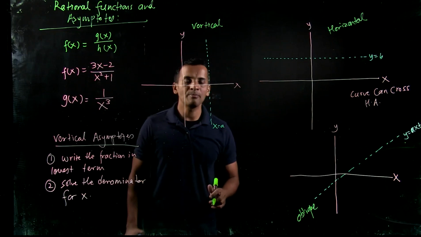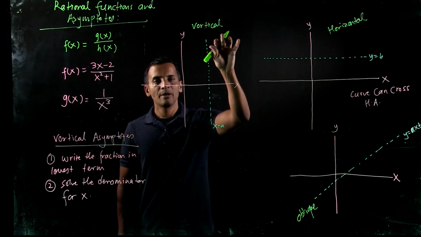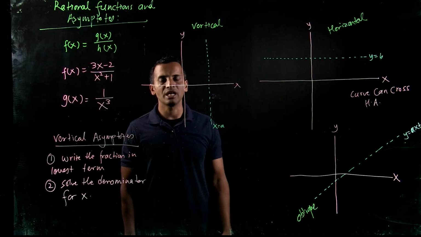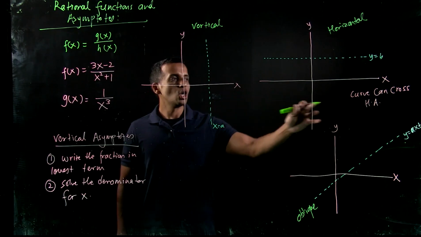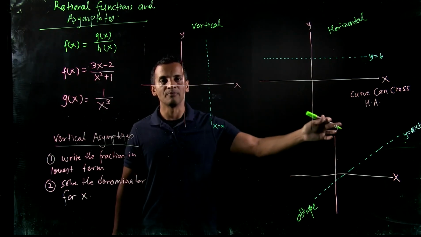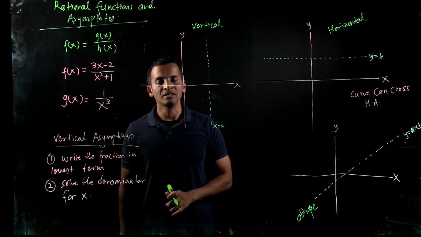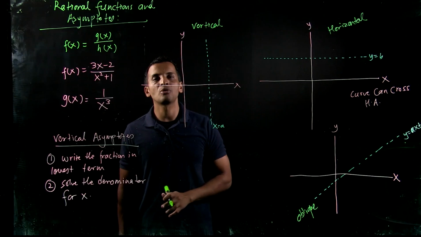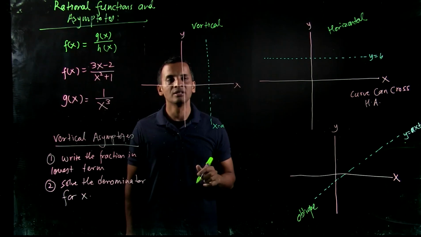The first feature is vertical asymptotes. So what do we mean by an asymptote? An asymptote is a line. That line can be vertical, horizontal, or oblique, meaning non-vertical and non-horizontal, and it is a line that the function approaches, where the function gets close to that line.